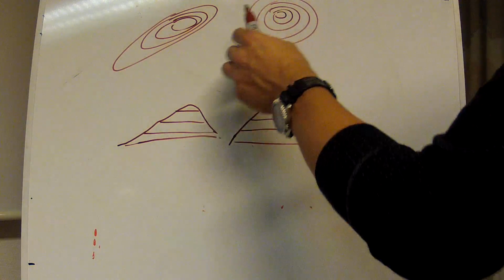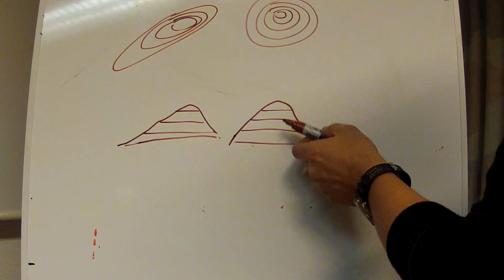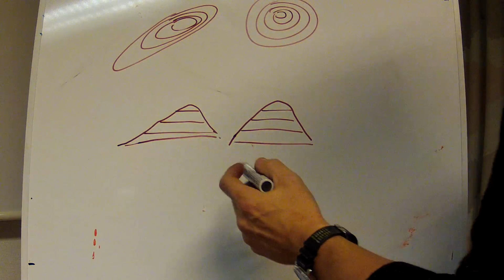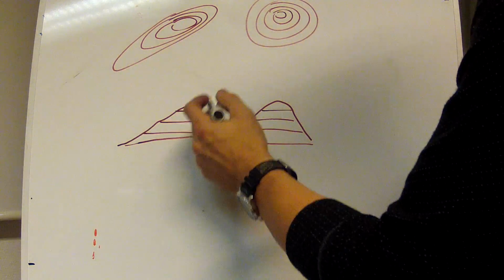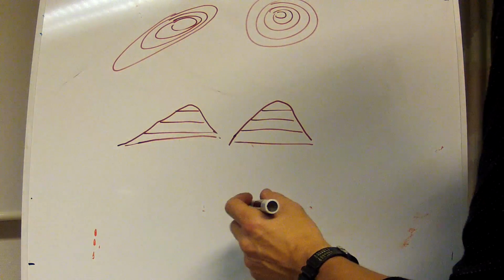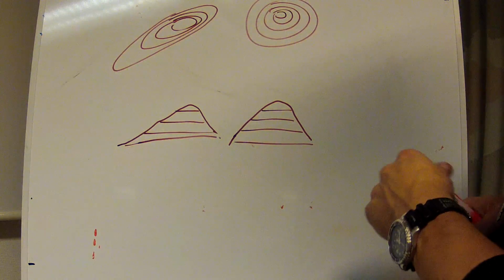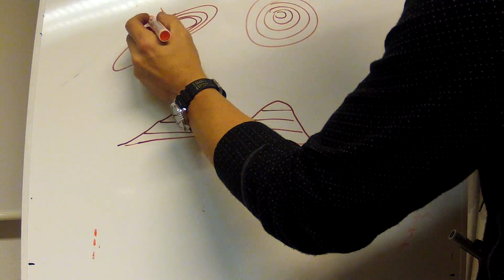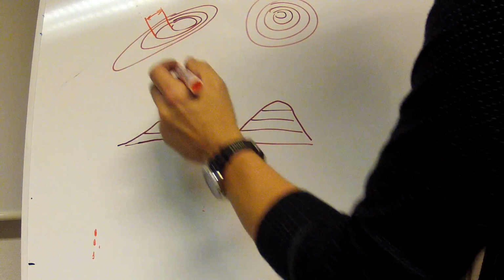So you see here, it's a little bit steeper on the backside, but you don't see that on this map or on this figure. But on this figure you can see that it's steeper on this side than on that side. How can we see that? Well, we see the distance between these two.